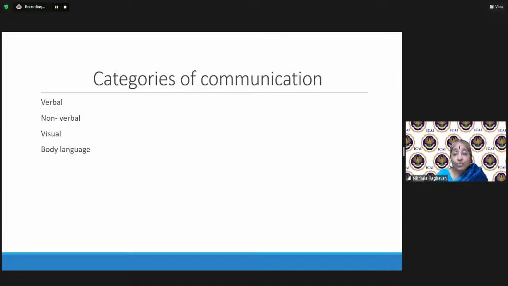Okay. Visual is what you can communicate without words. For example, symbols, the traffic signal, hoardings which don't have words in them, just the picture alone. Yeah, these are visuals. Graphs, bar graphs, Venn diagrams, pie charts.